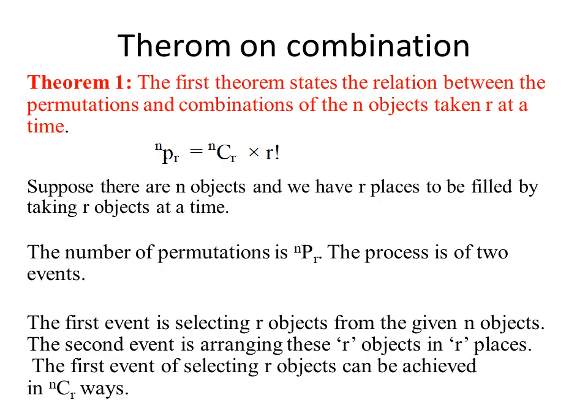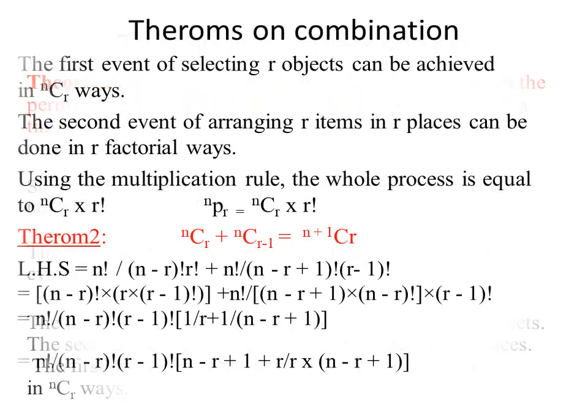The first event of selecting r objects can be achieved in nCr ways, and the second event of arranging r items in r places can be done in r factorial ways.